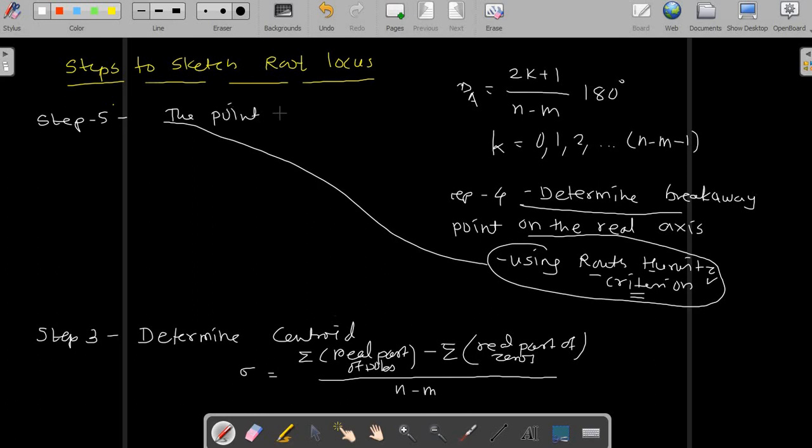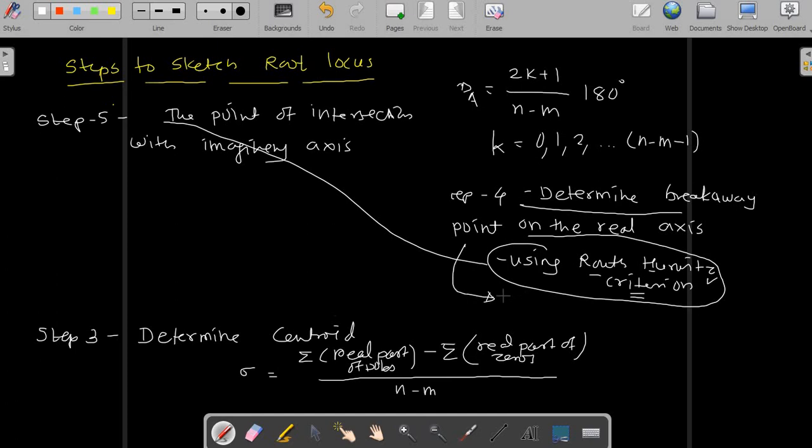The point of intersection with the imaginary axis. The breakaway point is determined differently.